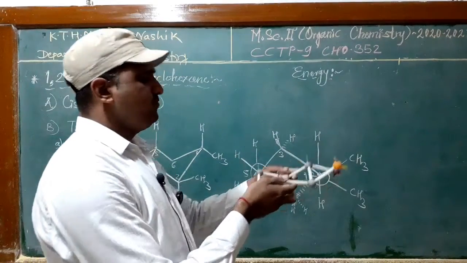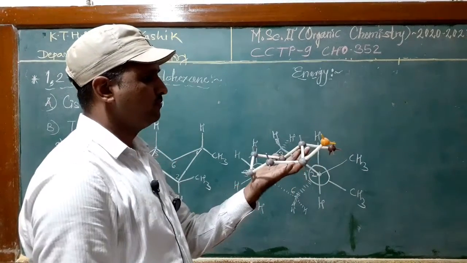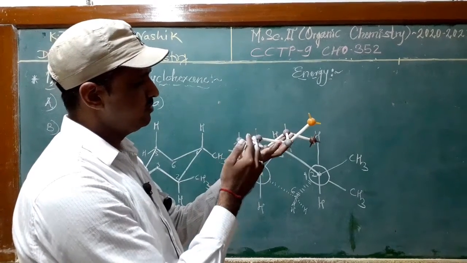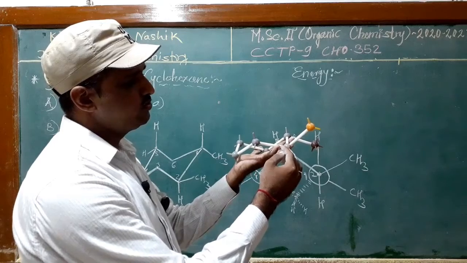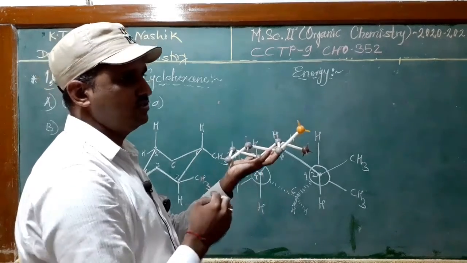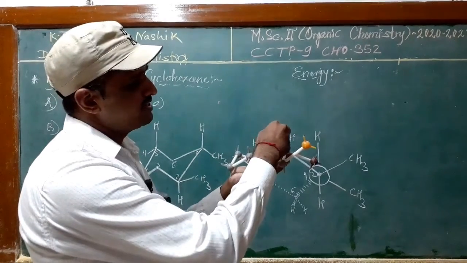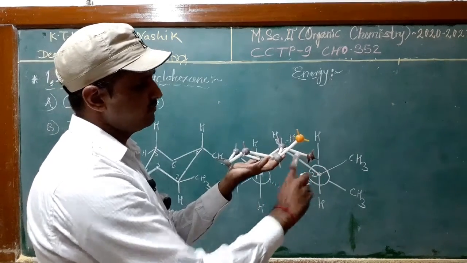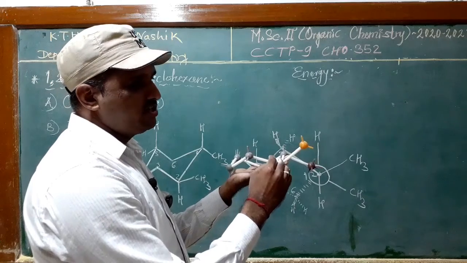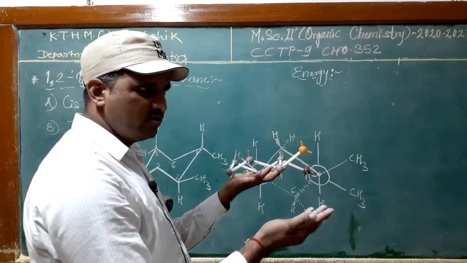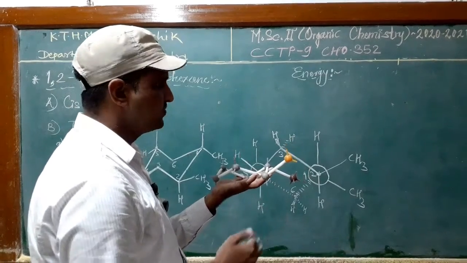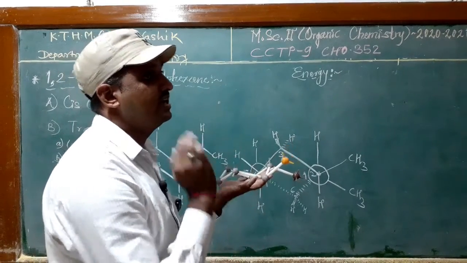So when we observe this molecule from this side, carbon number 2, carbon number 3 and 4, this carbon number 2 has an equatorial CH3 group, and the backside carbon is carbon number 1, which has this equatorial CH3. Means carbon number 2 CH3 is in equatorial position and carbon number 1 CH3 is in equatorial position. It doesn't create any 1,3-diaxial interaction.